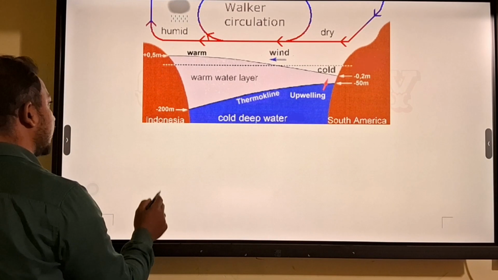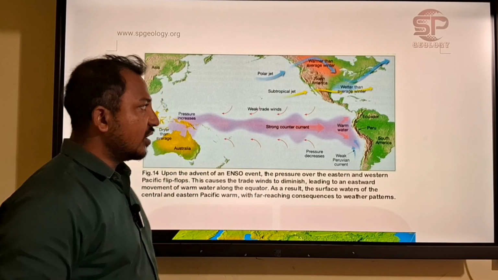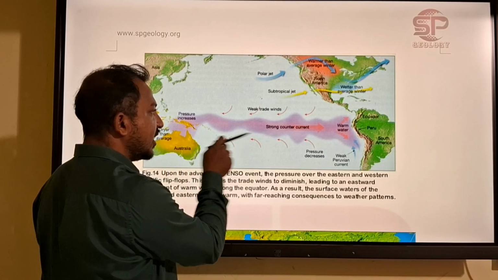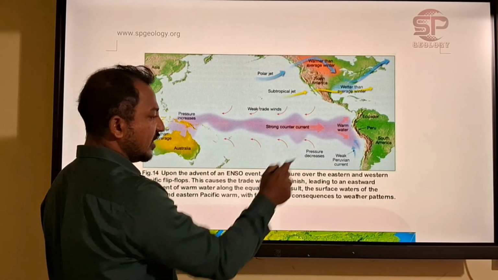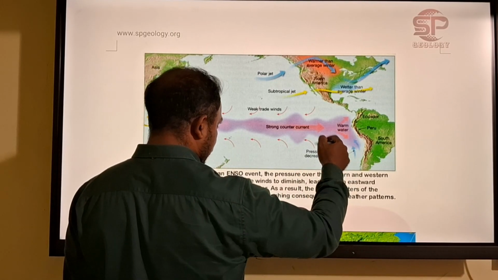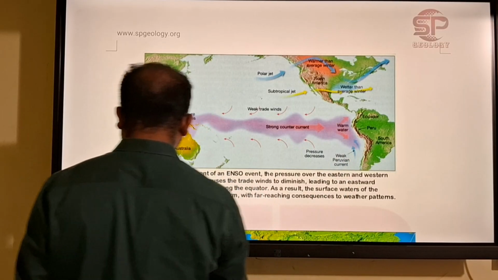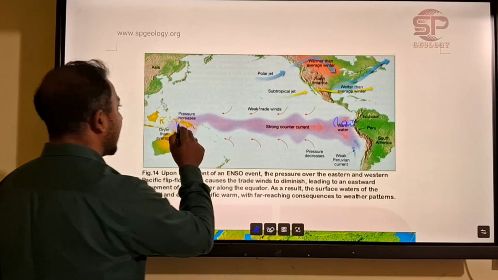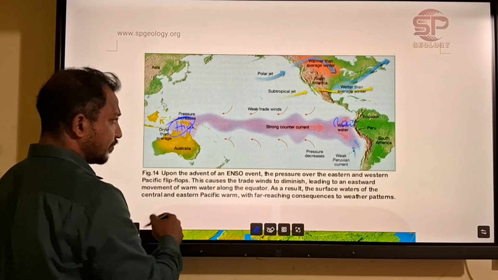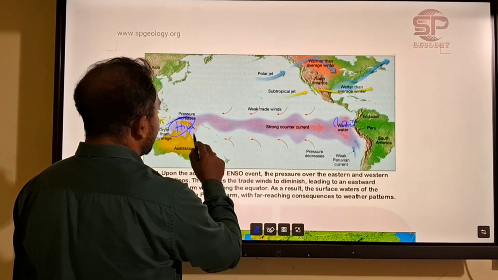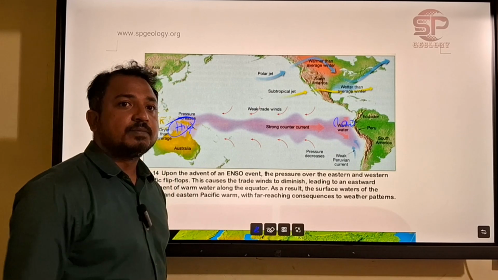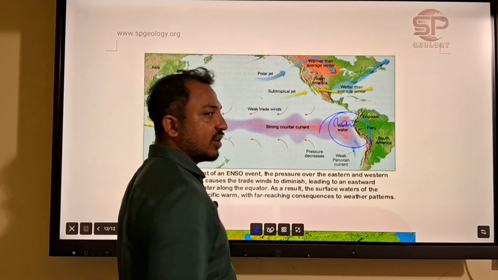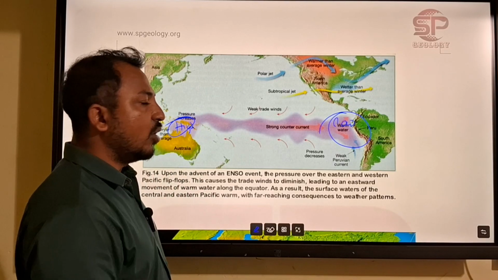The trade wind becomes weaker, water cannot displace, so a strong counter current will start to flow from this region to this region, and this Peruvian region will become warmer, ultimately becoming the low pressure region, and this will become the high pressure region. This effect is called the El Nino effect, where there will be warmer conditions here and no upwelling there.